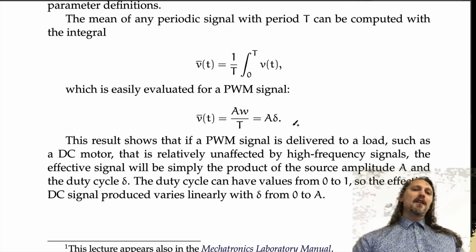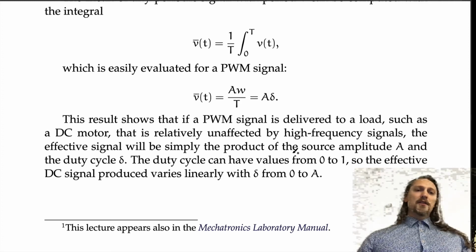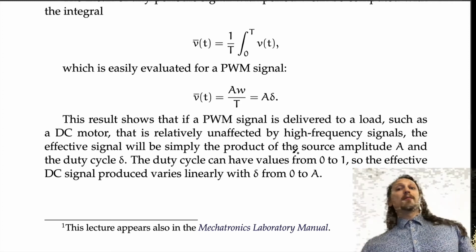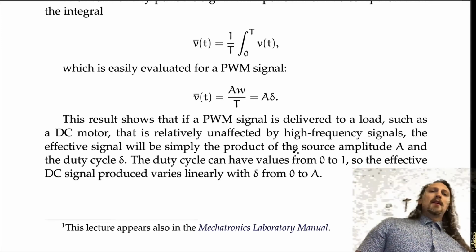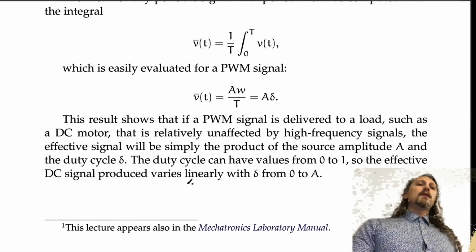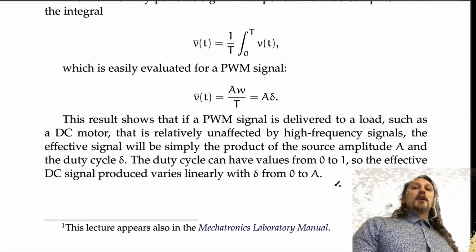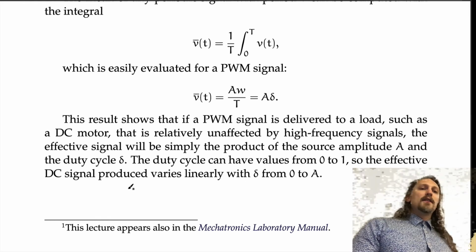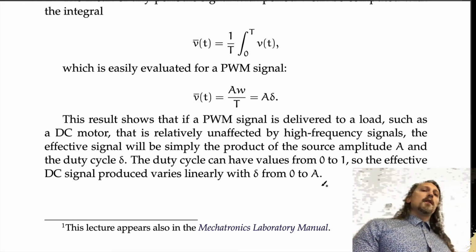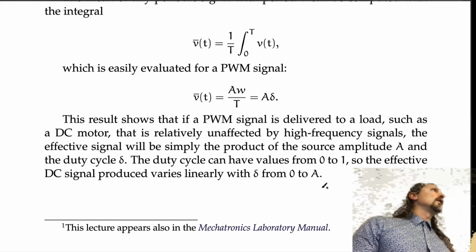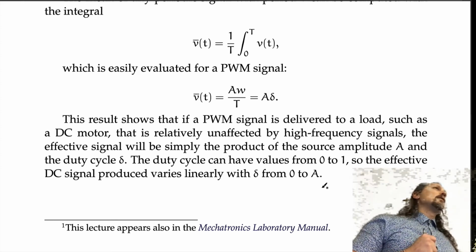We can just get A delta. This shows that if a PWM signal is delivered to a load, such as a DC motor that is relatively unaffected by high-frequency signals, the effective signal will be simply the product of the source amplitude and the duty cycle delta. The duty cycle can have values from 0 to 1, so the effective DC signal produced varies linearly with delta from 0 to A. So you can go full bore on, or you can go off, right?